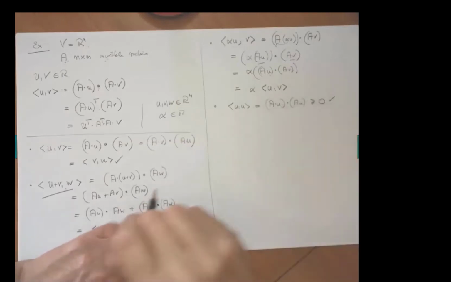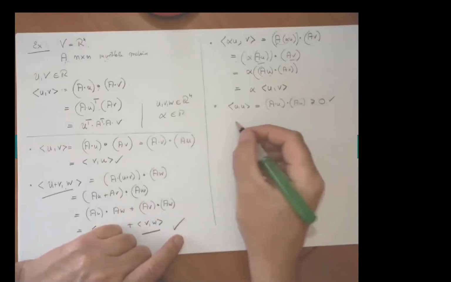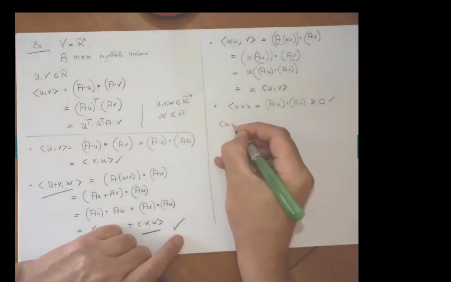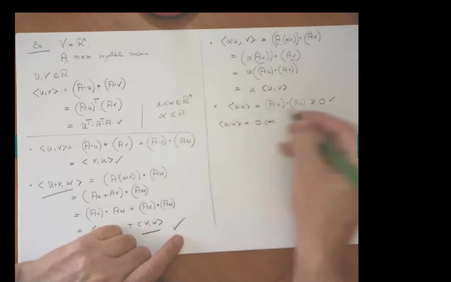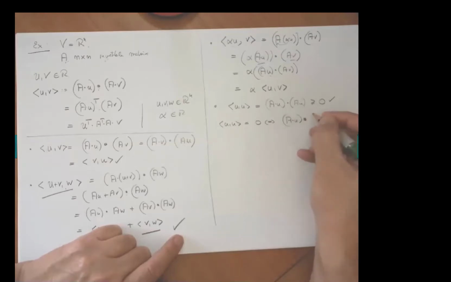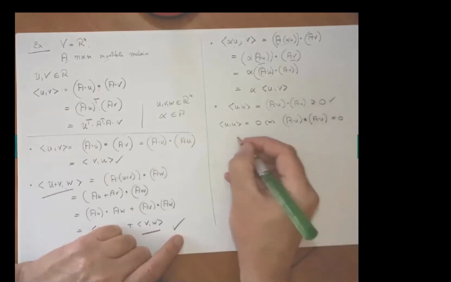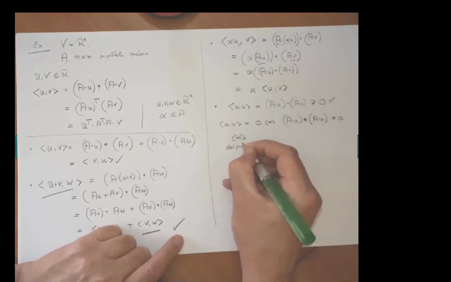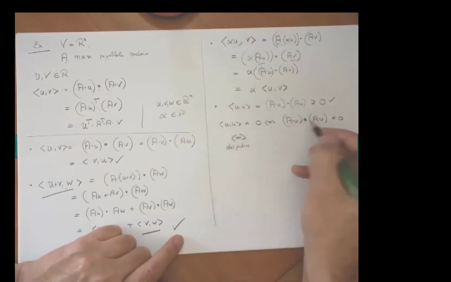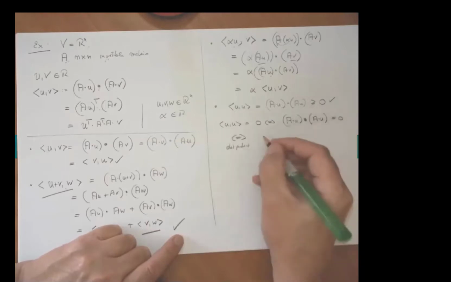And so now we do u comma u equal to 0 if and only if, according to this, Au, this is matrix multiplication, this is dot product, equal to 0. But now, because of the property of the dot product, we know a dot product of a vector with itself is 0 only if the vector is 0.